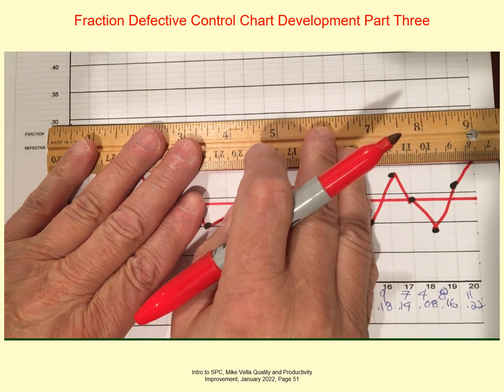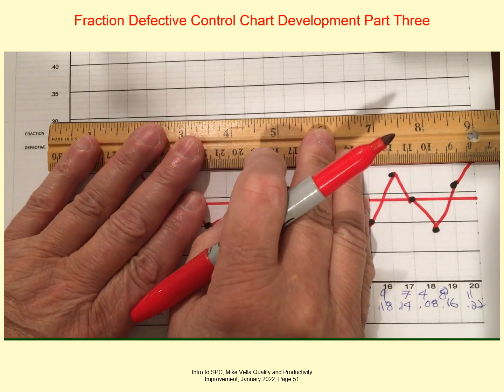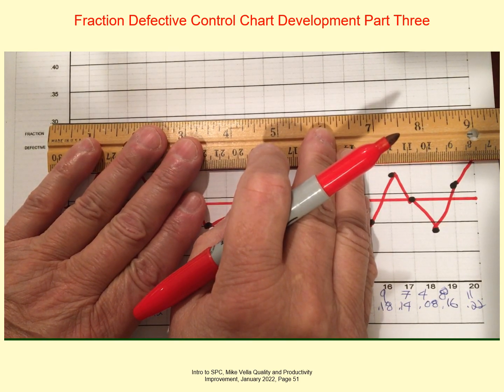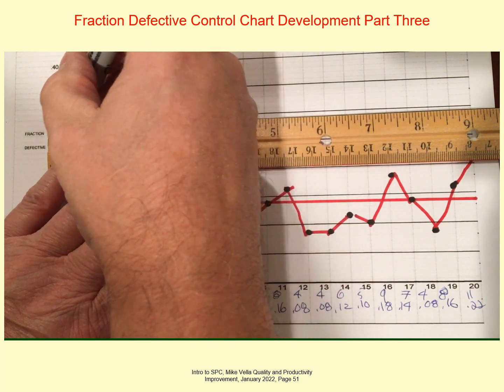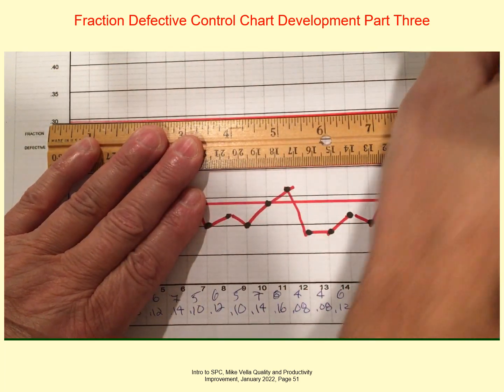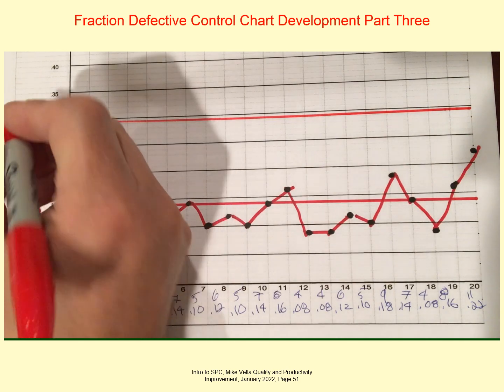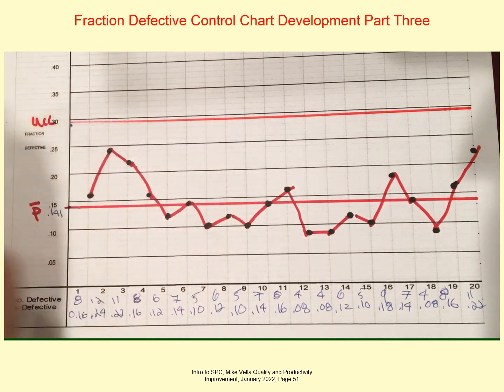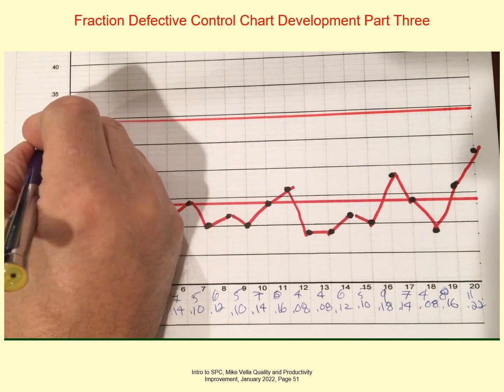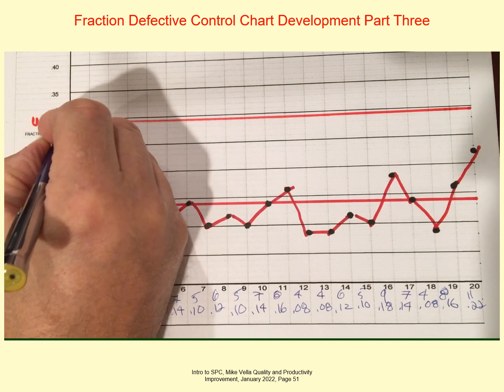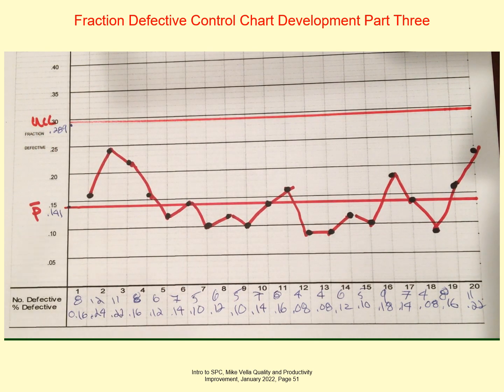And we can draw a horizontal line to indicate our upper control limit. And we see all the points are within the confines of the upper control limit.